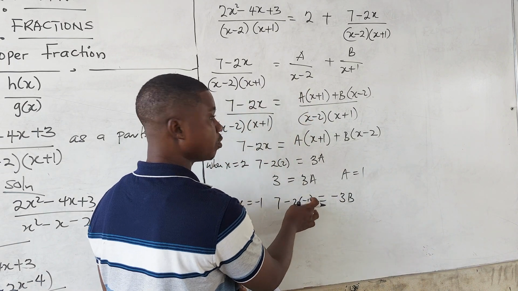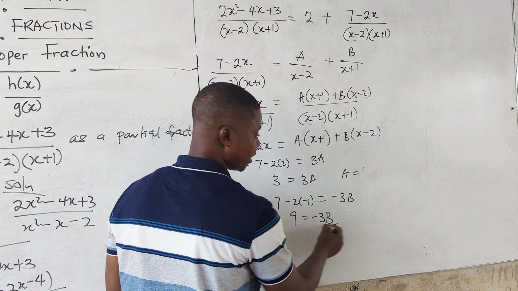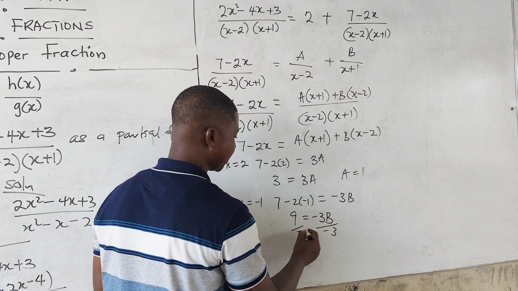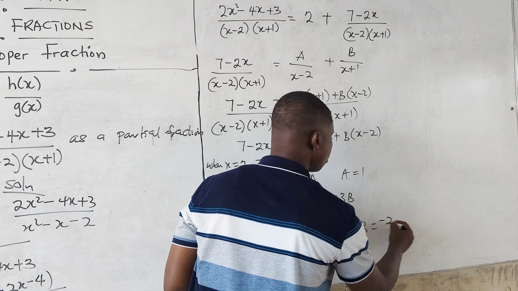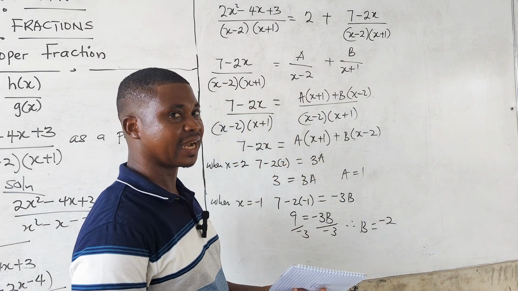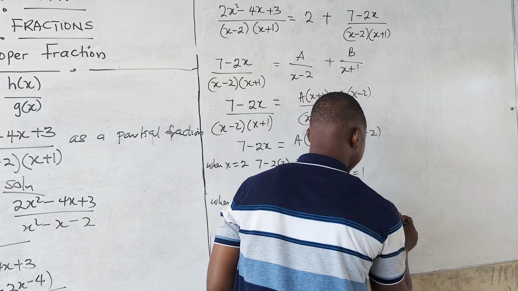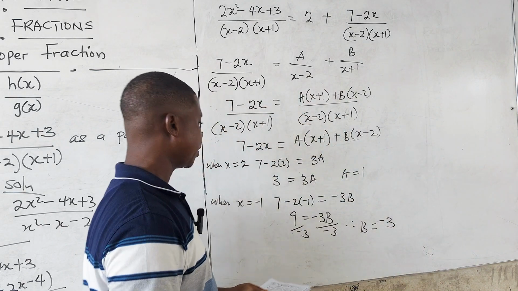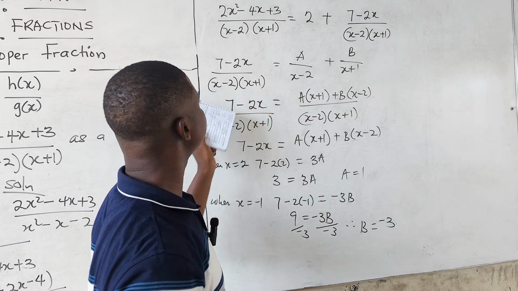This will be positive, so we have 9 is equal to negative 3B. Dividing by negative 3, our B is negative 3. Having gotten that, now we can substitute it into our equation.